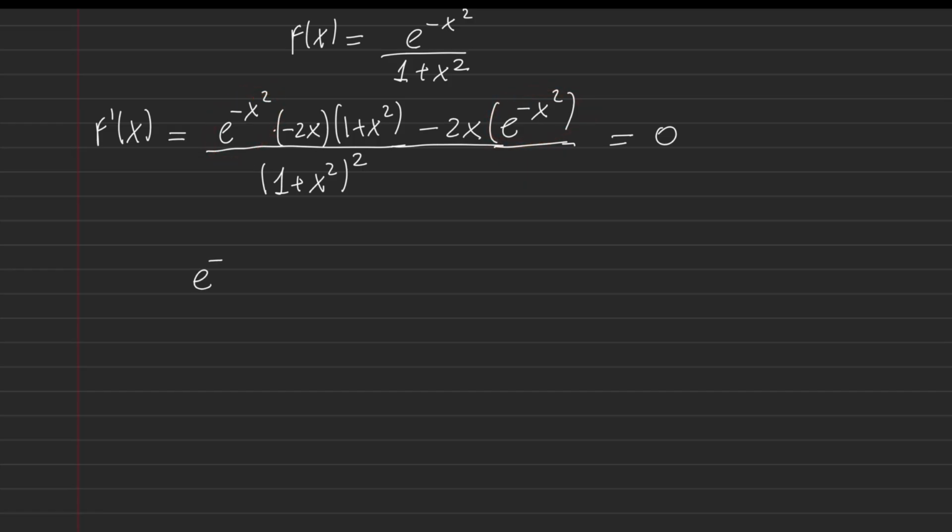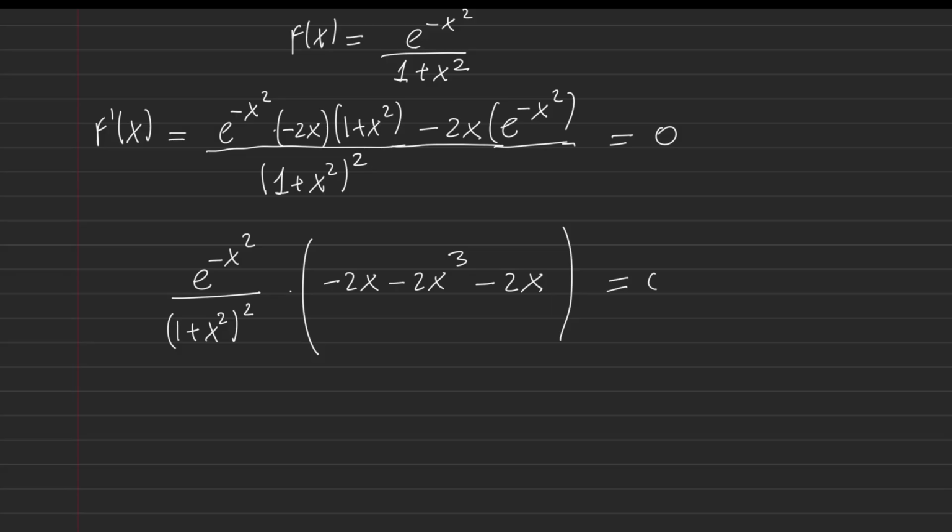So we have e to the minus x squared over (1 plus x squared) squared times, and now we do our calculation: minus 2 times (1 plus x squared), it becomes minus 2x minus 2x to the power 3 minus 2x. And this has to be equal to 0.